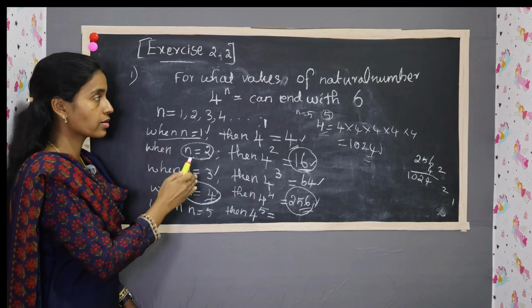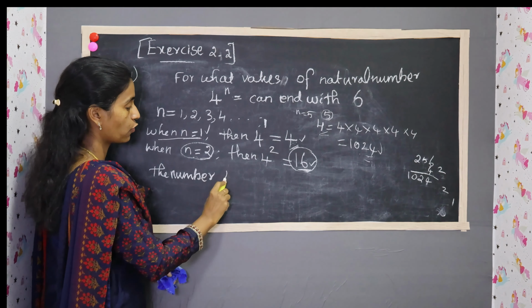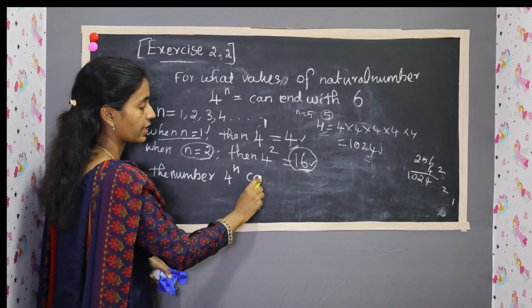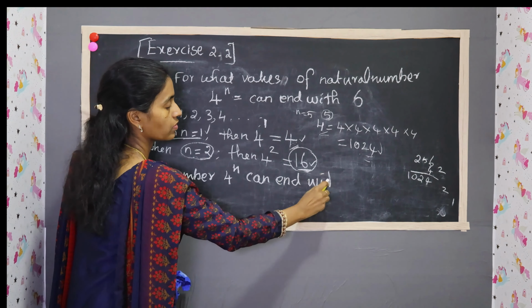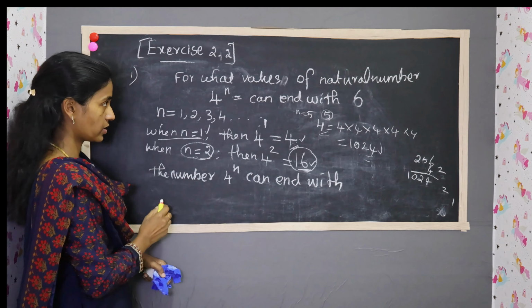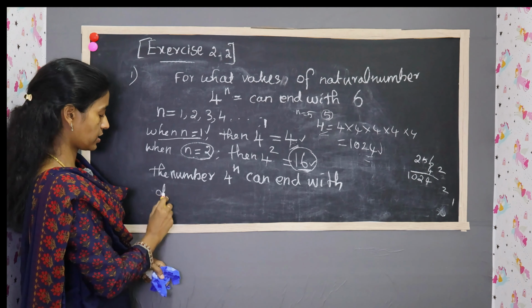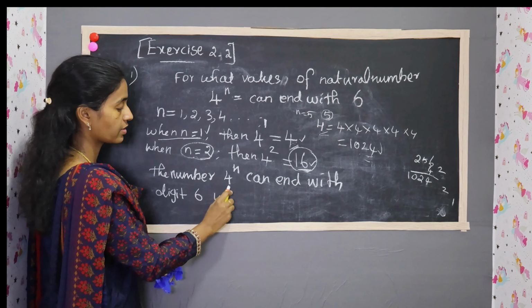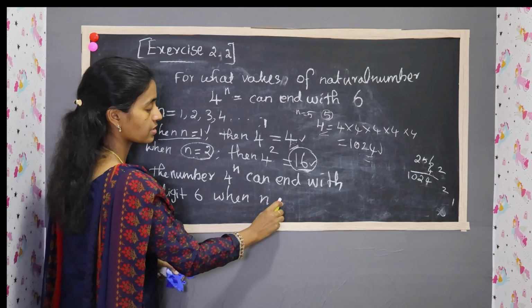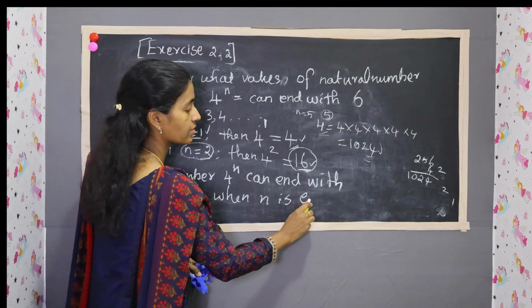That is the answer. So how can we write the answer over here? The number 4 power n can end with digit 6 when n is even.